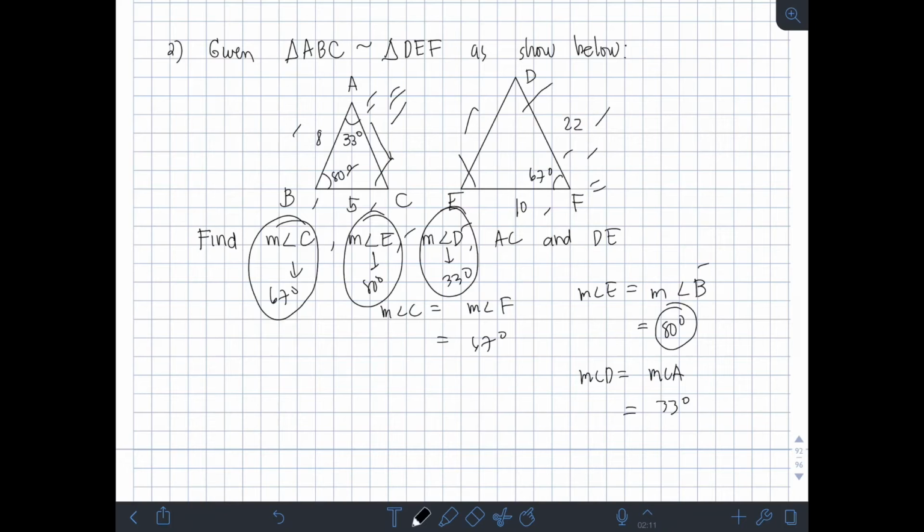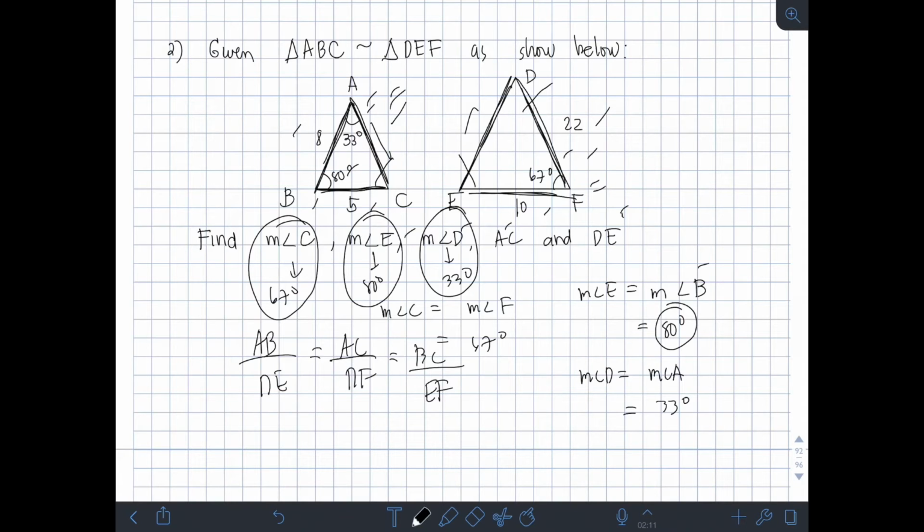Okay? Now, para masolve naman natin yung side AC and DE, gamitin natin yung corresponding sides are proportional. So, dapat corresponding sides are proportional. So, AB over DE dapat equal sa ratio din ng AC over DF equal din sa ratio nitong BC over EF.